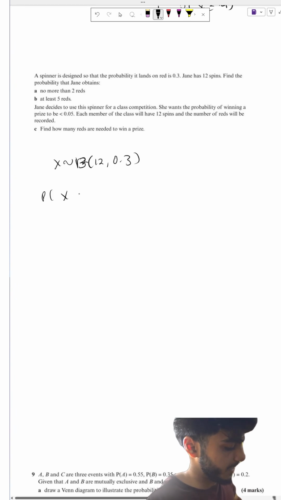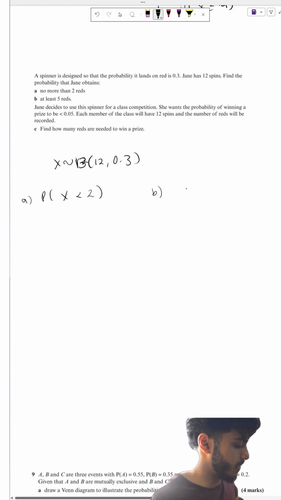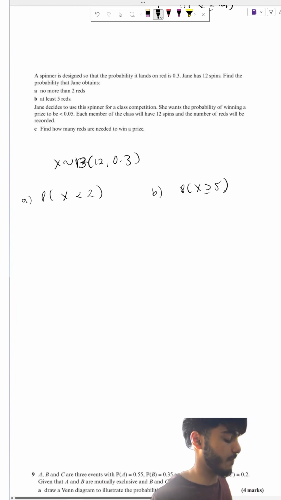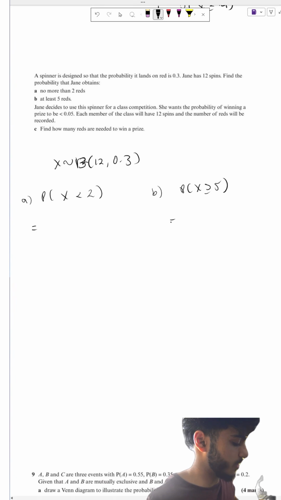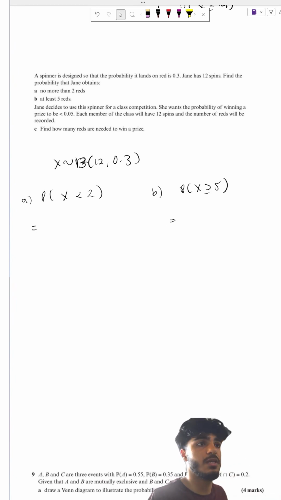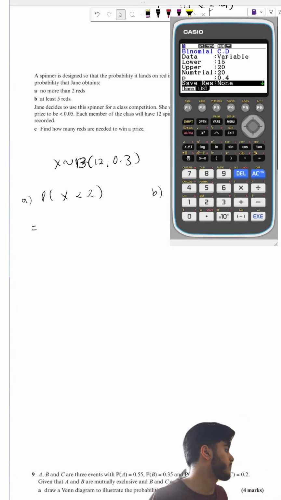We want the probability that X is less than or equal to 2, that's A, and B is going to be the probability that X is bigger than or equal to 5. And we just put that into a calculator, CG50. I'm going to bring that up.